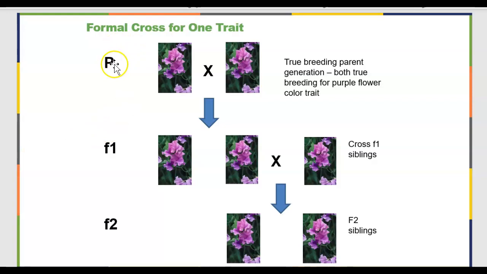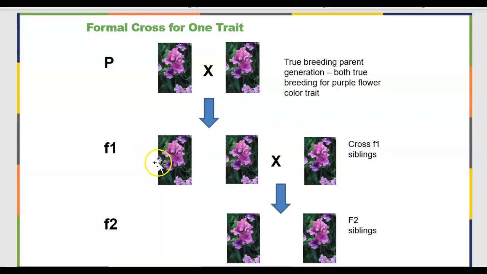So here's the parents, the P generation, and here we see these pretty purple flowers. If you had a purple flowered plant and you cross it with another purple flowered plant, the offspring of those two is purple. No big surprise.